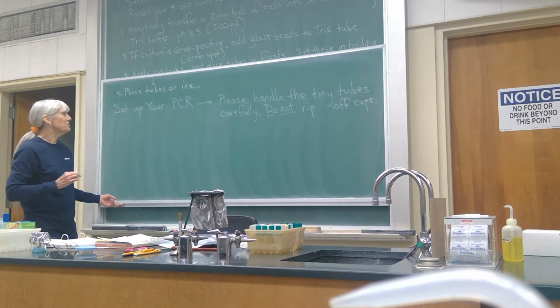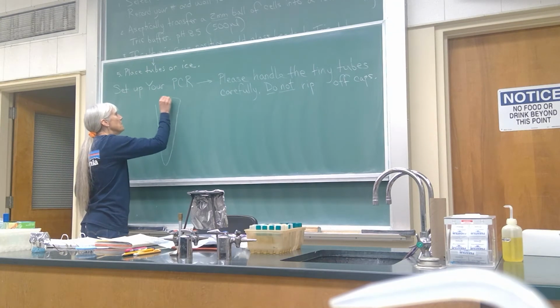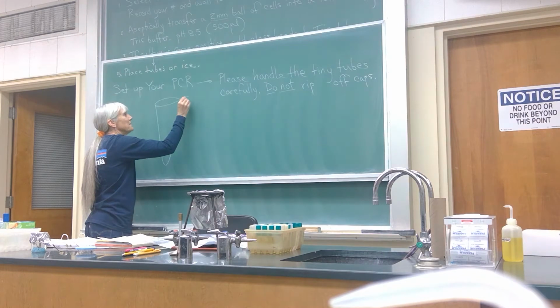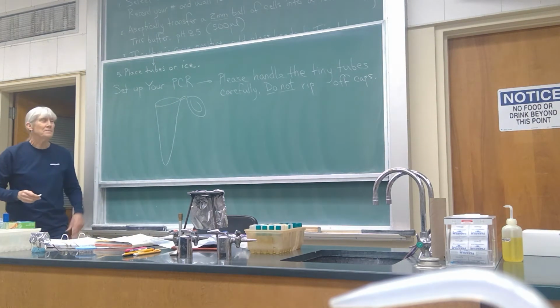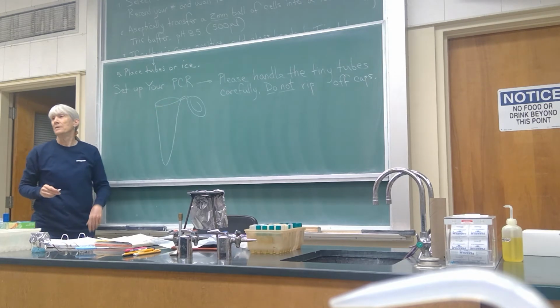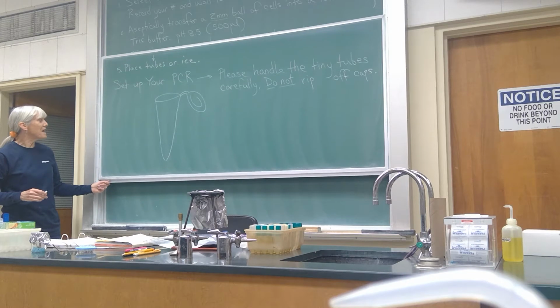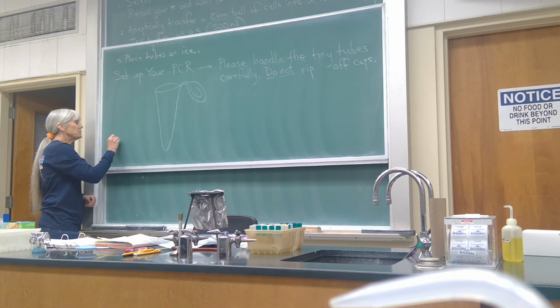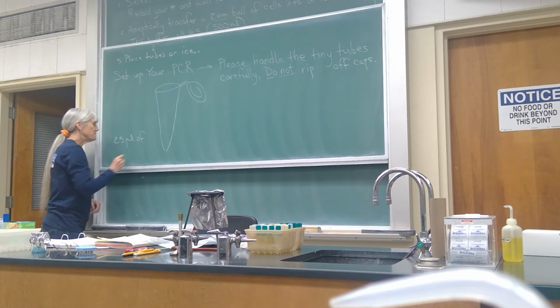I'm going to make an illustration up here representing one of those tiny tubes, magnified, so that you can see, there it is, the tiny tube. It has a little hinge and a cap. What you're going to put into this tiny tube is a reaction mixture that includes 25 microliters of Taq master mix.